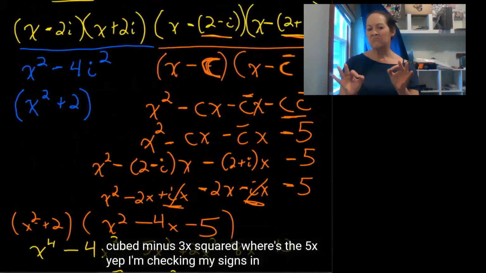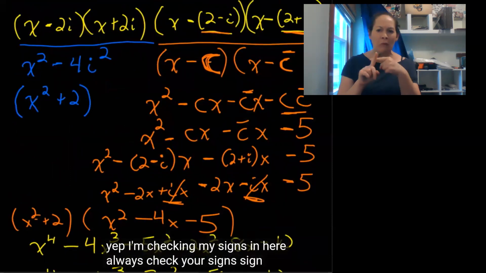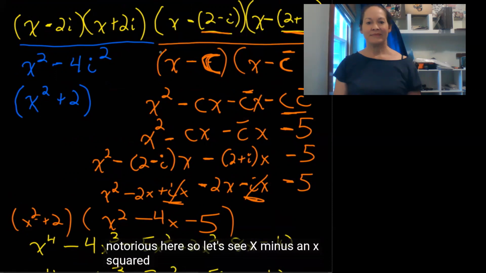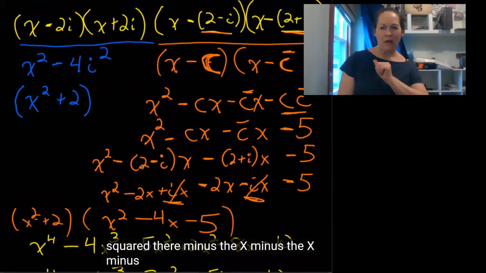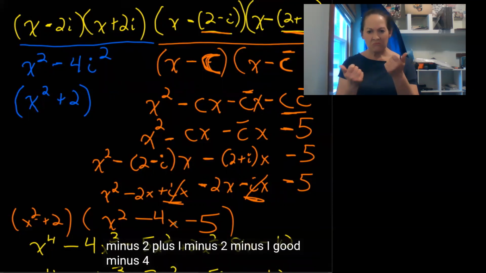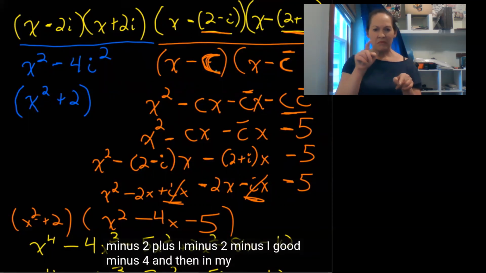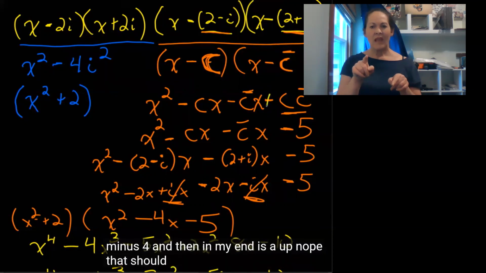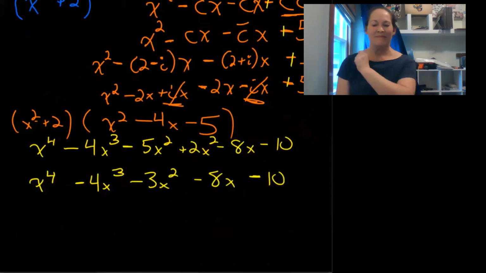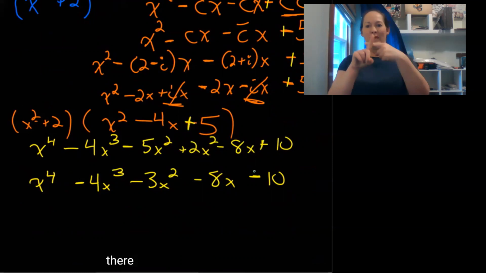And checking my signs in here. Always check your signs. Sign errors are notorious here. So let's see, x minus the x squared there, minus 2 plus i, yep, minus 2 minus i, good, minus 4, and then in my end is a, nope, that should be positive. I knew there was a sign error here. There we go.